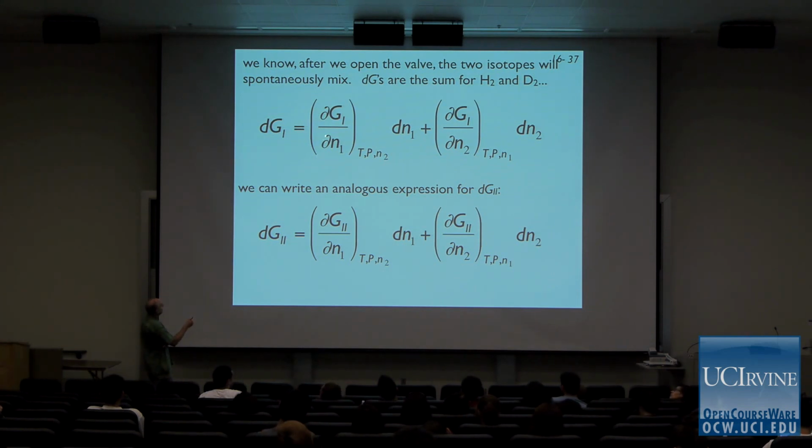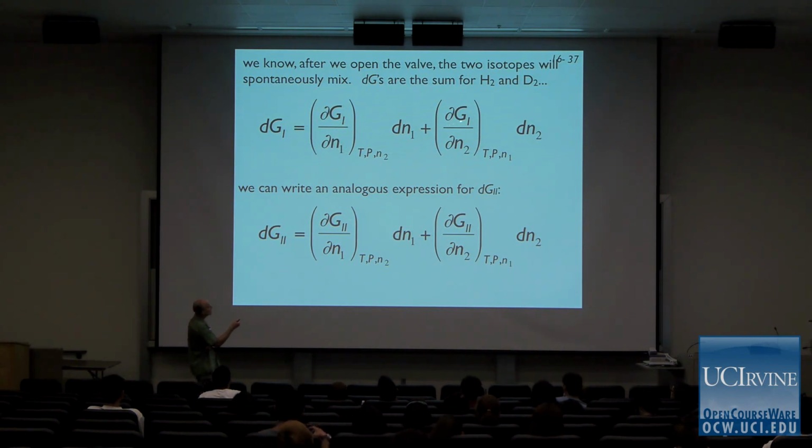In the left bulb, how much is the free energy going to change? Well, as N1 flows out and N2 flows in, there's going to be the rate of change of the Gibbs energy per unit change in the number of moles of N1, multiplied by the number of moles of N1 that flows in.